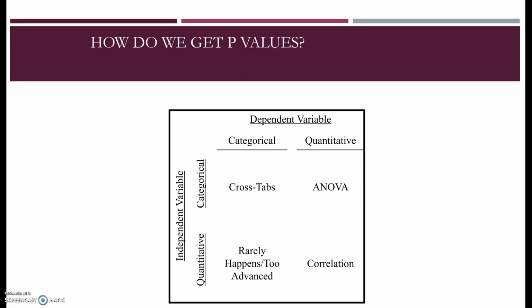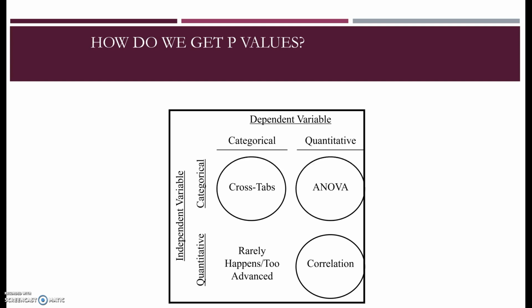And how do we get a p-value? That's the most important thing we're going to learn in the next few weeks. We do statistics, and we do inferential statistics specifically. There are different types of stats we can run. I list them here based on the types of variables you are dealing with. When you're dealing with a quantitative dependent variable and a quantitative independent variable, you can do correlation, ANOVA, crosstabs.